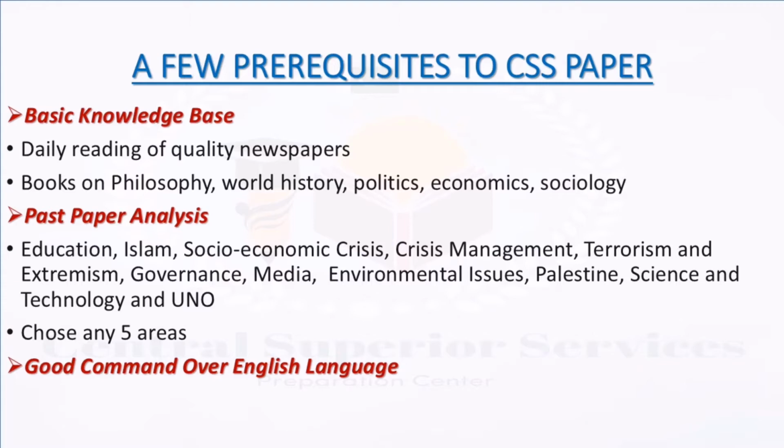Once you have chosen your 5 core areas, get the past papers and list down all the questions that appeared in past papers regarding that core area. It is assumed that your grammar, sentence structure, vocabulary and spellings are in good shape.